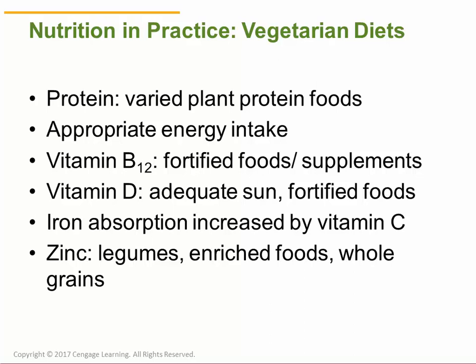Primarily your meat products furnish the B12 that you need. So these vegetarians may become deficient, but they may not show deficiency symptoms until years down the road.